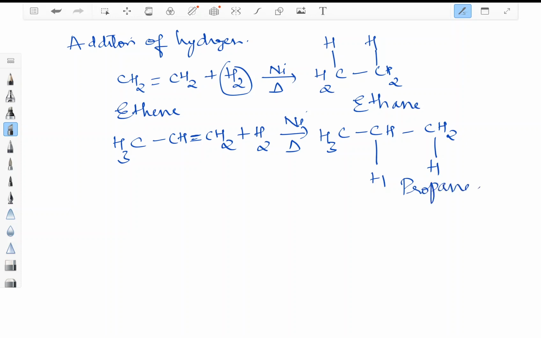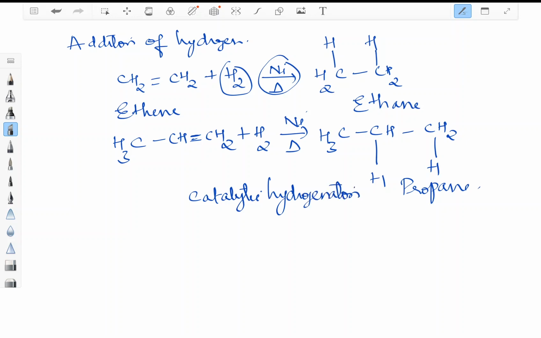This addition of hydrogen is called a hydrogenation reaction or reduction reaction. But here we are talking about addition of hydrogen as a hydrogenation reaction which is carried out with the help of a metal catalyst. This is called catalytic hydrogenation.